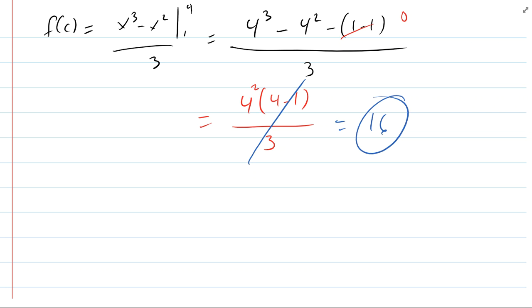If we want to find c, what do we have for f of c? What do we have for our function to begin with? So it would be 3x squared minus 2x equal to 16. That's it. Okay? But we're not doing that, not on this problem.